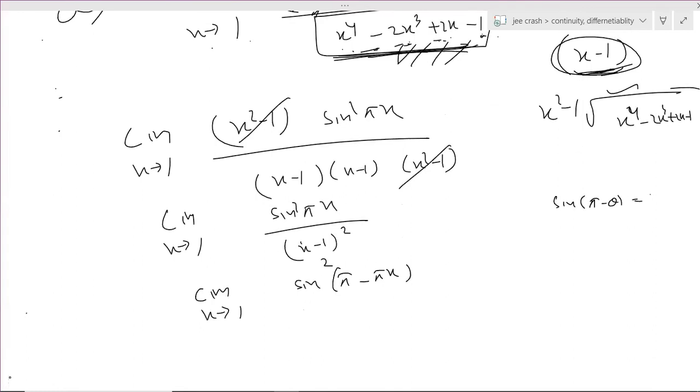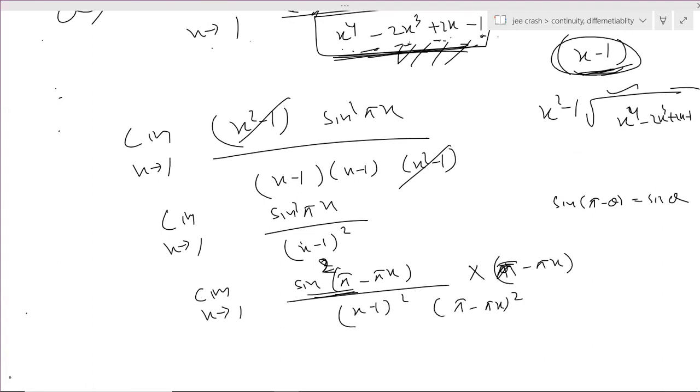Yes, sir. Sine of pi minus theta is sine theta. All right. To make this one, we have to multiply and divide by pi minus pi x square. Yes or no? Yes, sir. So this thing becomes 1.